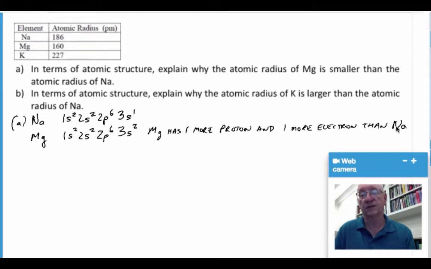So that's the first thing. So we're talking about element number 11 as far as sodium is concerned, element number 12 as far as magnesium is concerned.